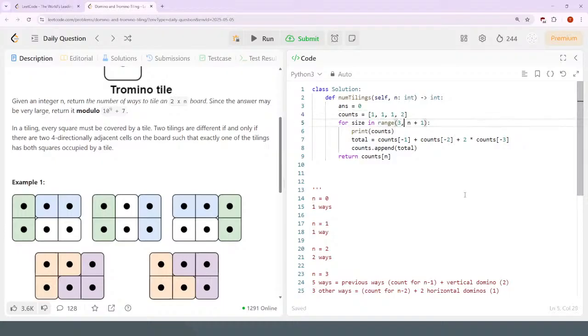So 3, I think this still works. N minus 4 times 2. But it doesn't work if it's... actually, it should be 0 here. Yeah, okay. Plus 2 times counts at n minus 4.